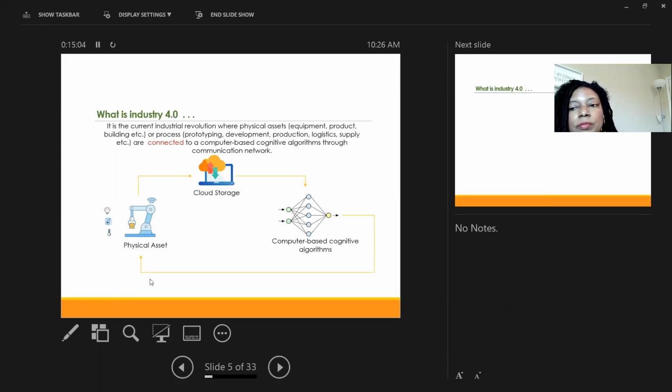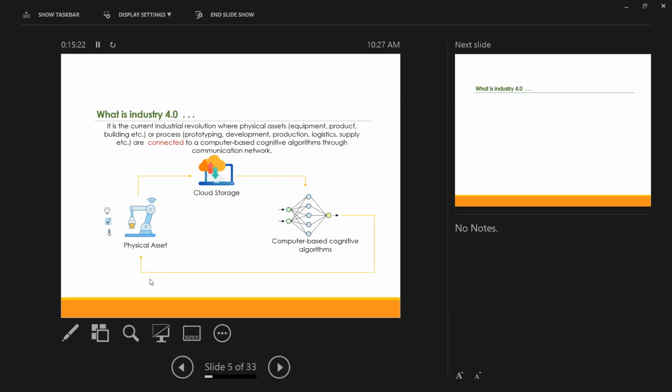But mistakenly, the robot was packing 31. Immediately, the cognitive algorithm we develop is going to tell the machine, oh, you need to pack 32.